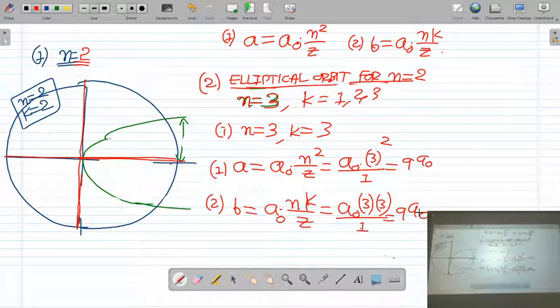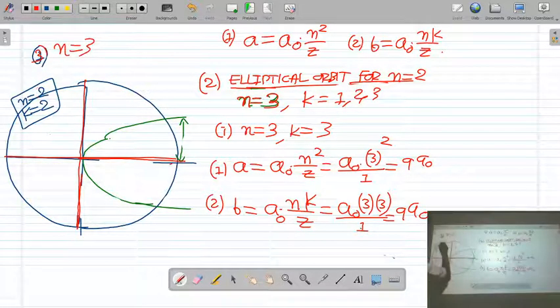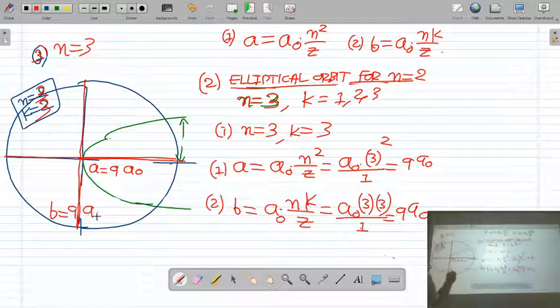It means we get a circular orbit. For n is equal to 3 and k is equal to 3, we again get a circular orbit whose semi-major axis is 9a0 and semi-minor axis is also 9a0.